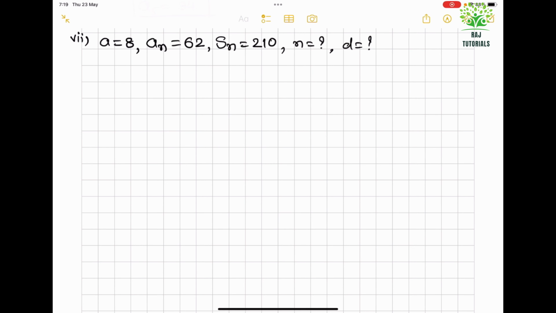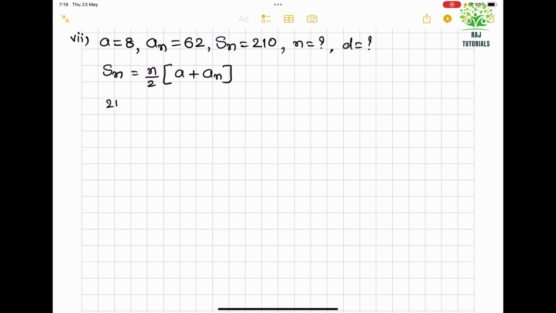Here we are given a equal to 8, an equal to 62 and Sn equal to 210. n and d I have to find. So Sn, I can use the formula n by 2 into a plus an, that is last term.